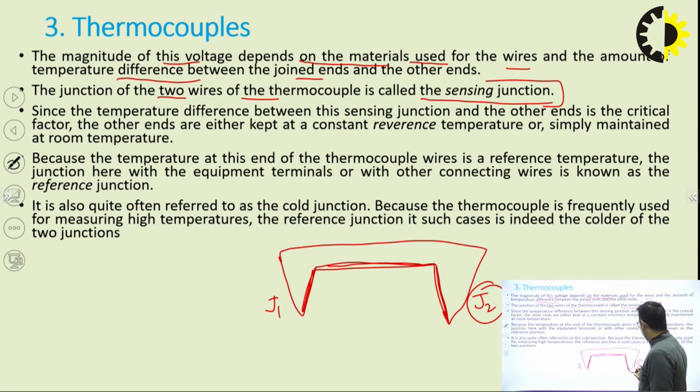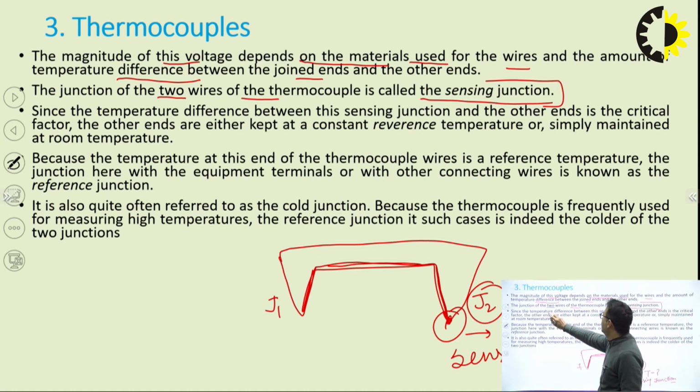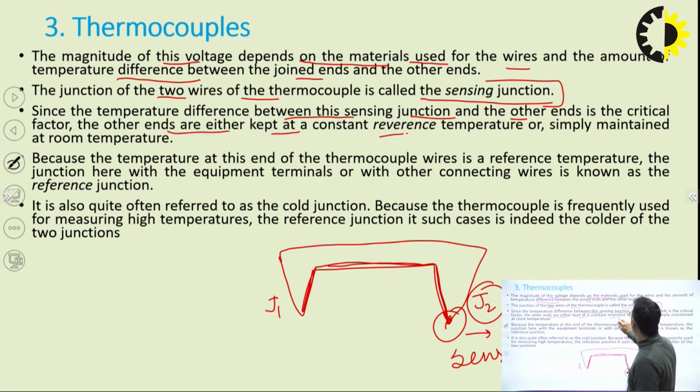If we insert this part to the surface where we want to measure the temperature, this becomes our sensing junction, because through this junction we are measuring the temperature we actually want to measure. Since the temperature difference between the sensing junction and the other end is the critical factor, the other ends are either kept at a constant reference temperature or simply maintained at room temperature.